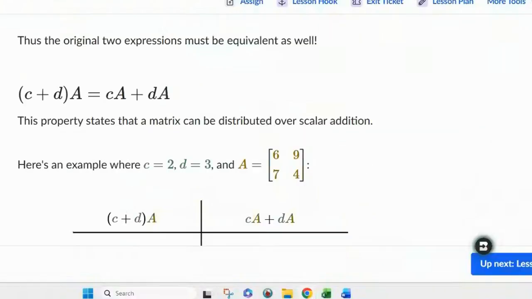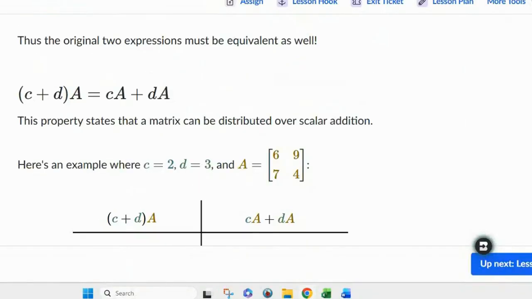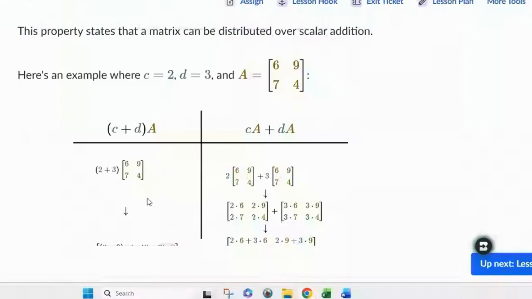So there's the property. Okay, scalar addition. This is the distributive property with 2 scalars and one matrix. We can distribute the A to the C and to the D. So he gives an example showing that.